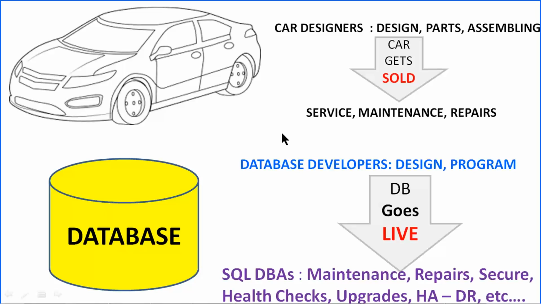Now, we got some idea on what is a database, what is a DBMS, and what is SQL Server. We got some basic information ready. With all this information, let's now understand the various job roles. Here it is on my screen.